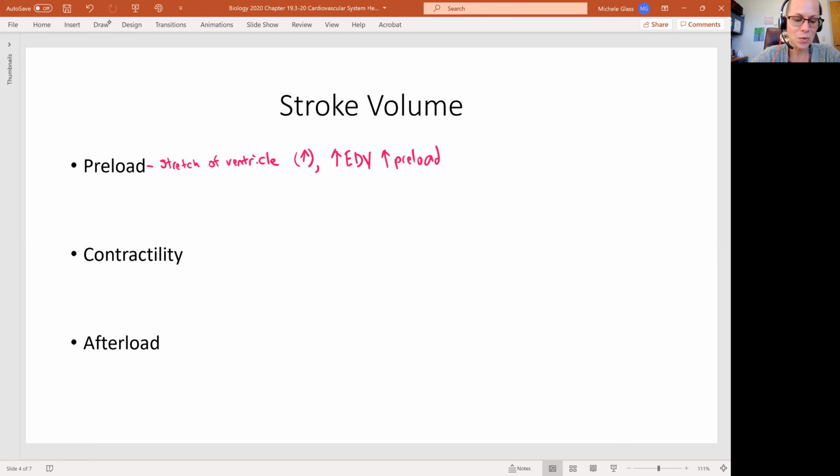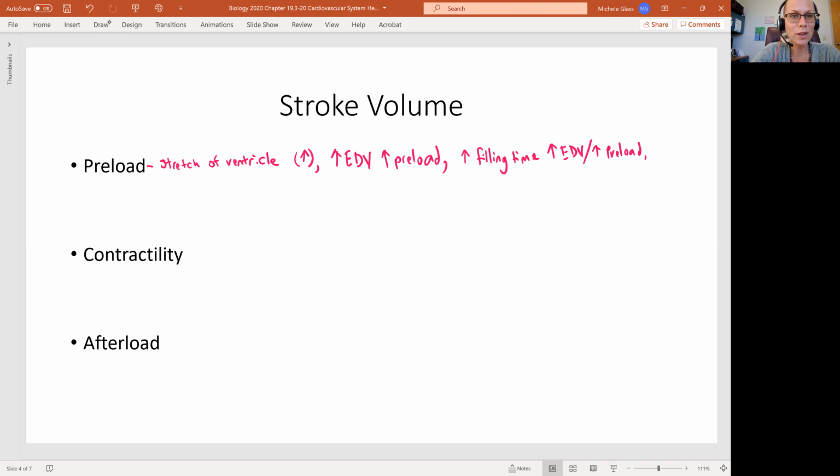Now, how do we get a high EDV? If we increase our filling time, then we're going to get a high EDV, which means a high preload. So if we increase our filling time, we have more starting blood, right?